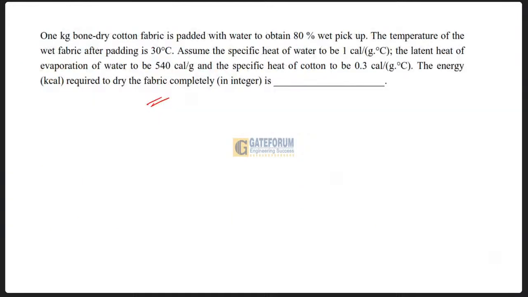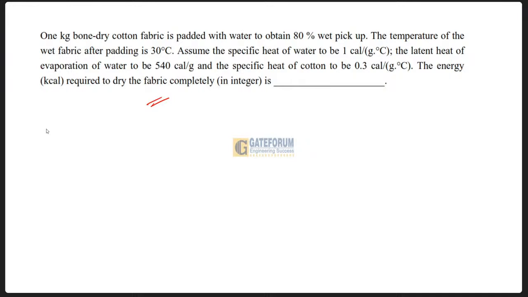Now coming to the next question, I hope these things are clear to you. This is a numerical based question, and it says that 1 kg bone dry cotton fabric is padded with water to obtain 80% wet pickup.